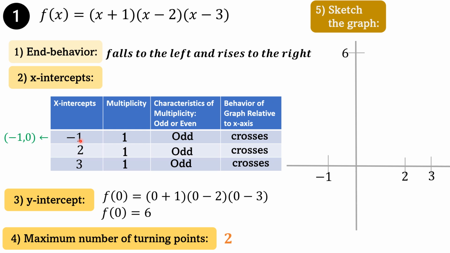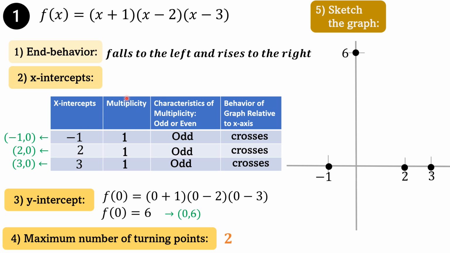Since the x-intercept is -1, it's at (-1, 0). X-intercept 2, plotting it on the Cartesian plane, is at (2, 0). Then 3 is at (3, 0). And for the y-intercept 6, it's at (0, 6).